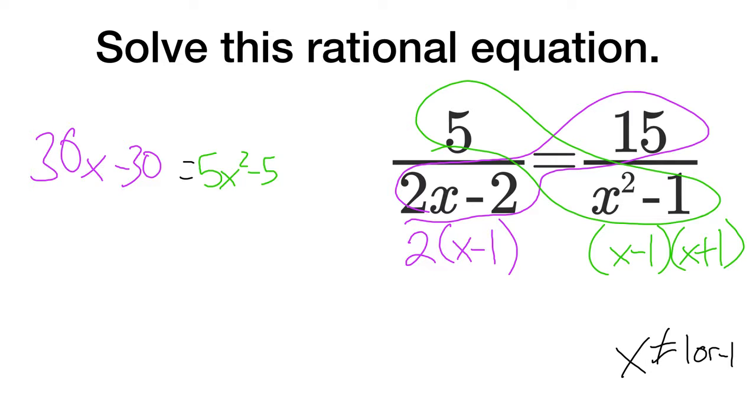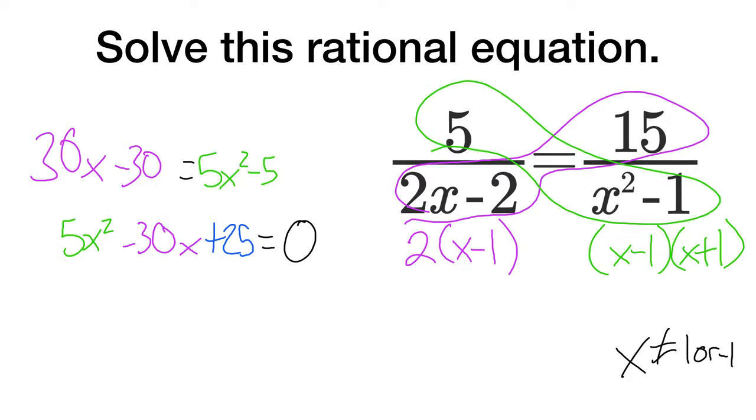Those don't combine, which means I'm just going to move them all to the same side. That means 5x squared. I'm subtracting 30x. And then adding 30, meaning this becomes plus 25. And that's going to equal 0.